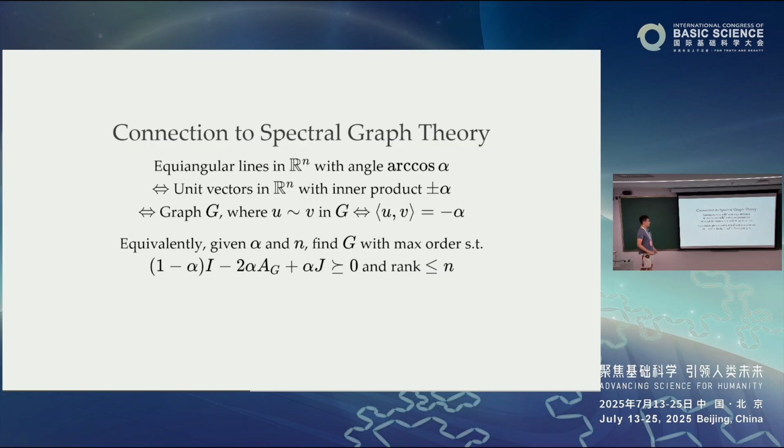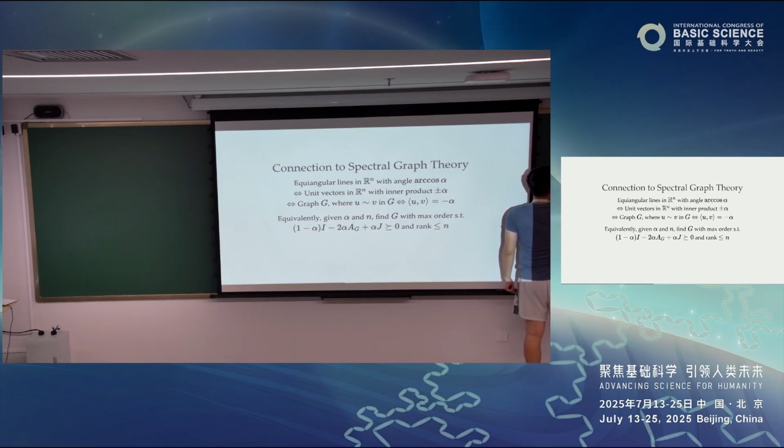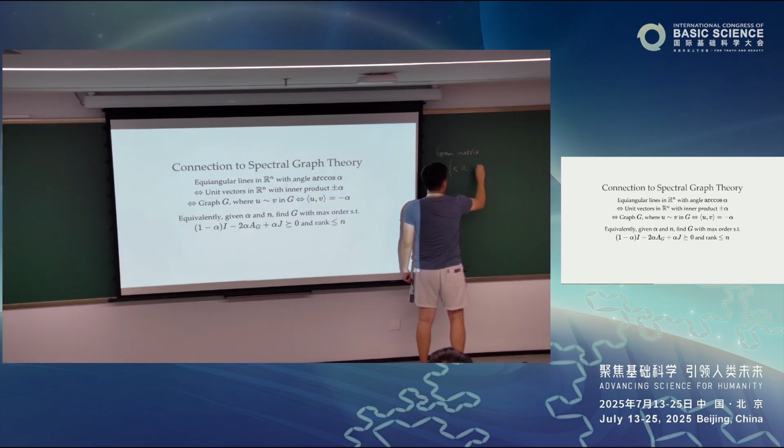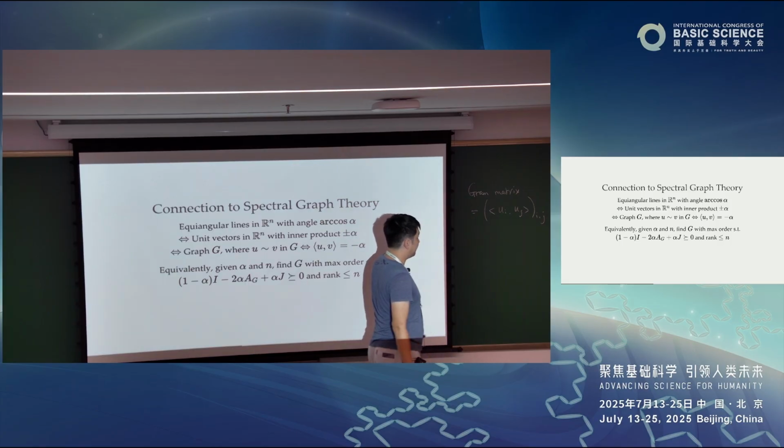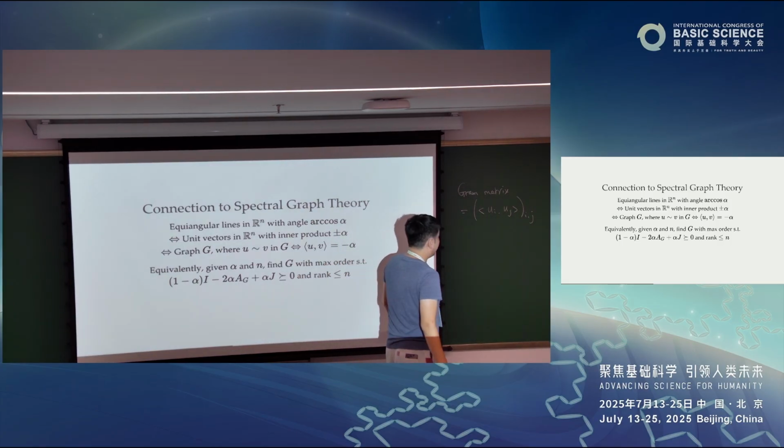Let me do it in the following way. Once you have these unit vectors, you can form something called a Gram matrix, which is equal to the inner products of these unit vectors.